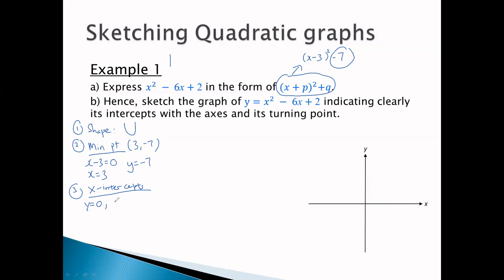Now I'm going to use my completed square because they said hence, right? So (x minus 3) squared minus 7 equals 0. You should know how to solve this by now. Do not forget the plus minus because there should be two answers.